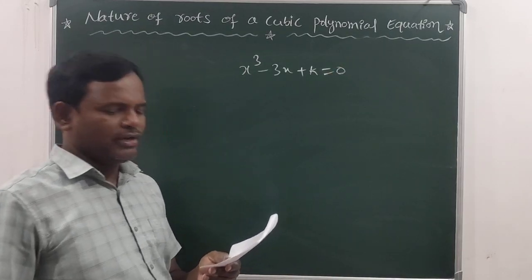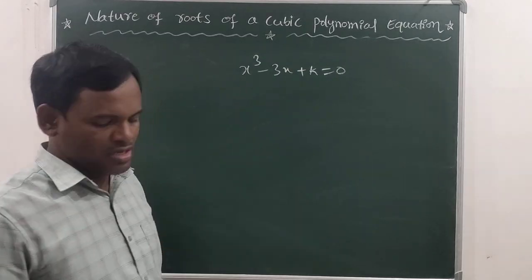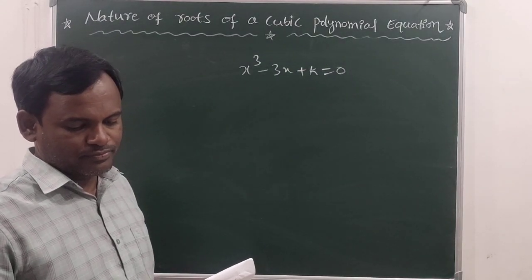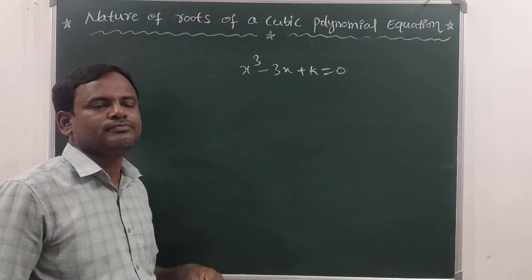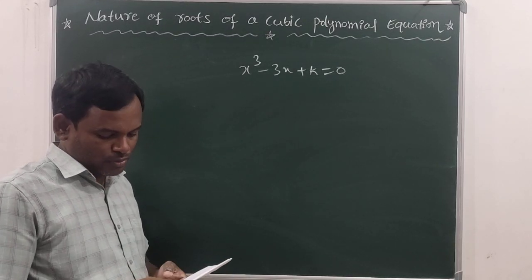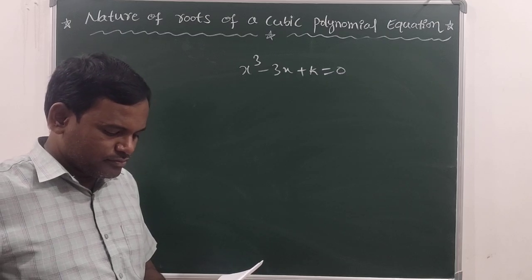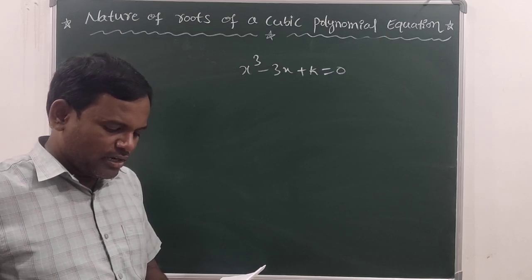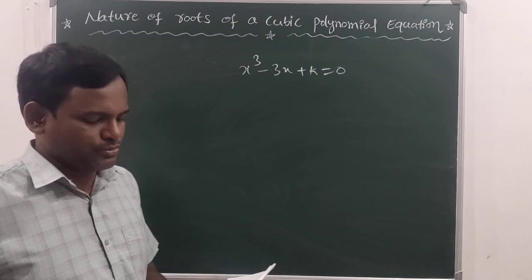Now it is asking us to find the interval for k such that it should get one root as positive, one root as negative, and a third problem, one root is negative and the remaining two are positive.